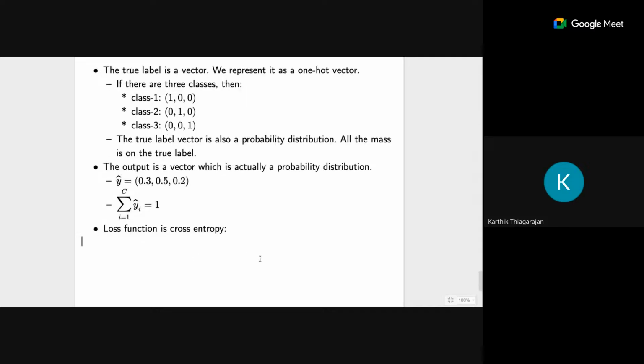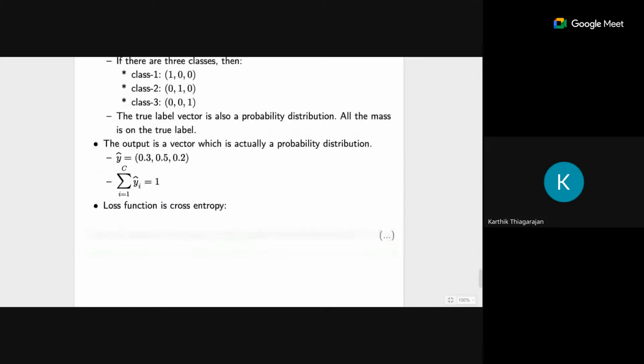So the loss function here compares two probability distributions, and the way it looks is sigma, with C components, so you go from i equal to 1 to C. That was entropy, minus p log p.